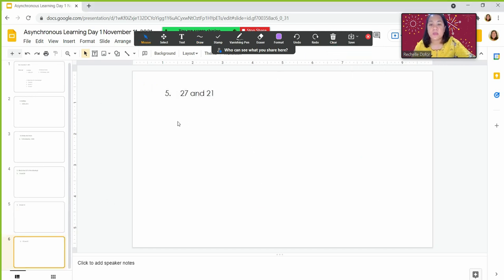Alright, so 27 and 21, what are the factors of them? Let's write it down. What are the factors of 27? The factors of 27 are 9 times 3 and 27 times 1. So I have 1, 3, 9, and 27.